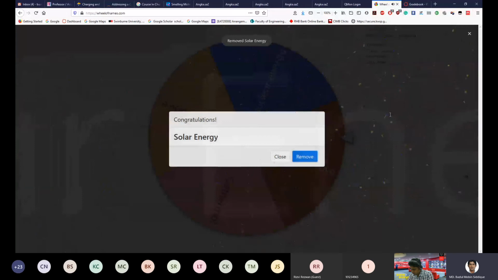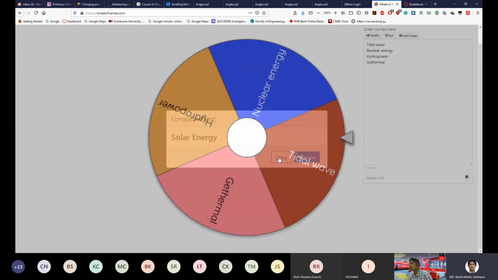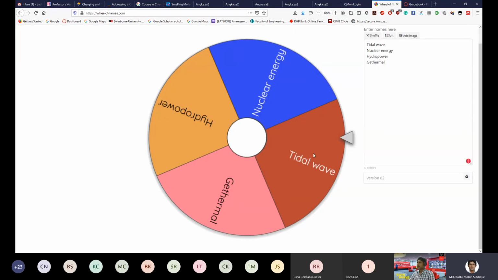Solar energy, group 1. If I remove, oh, okay. I actually was removing 2 at a time. All right, solar energy gone, and then number 4th gone.